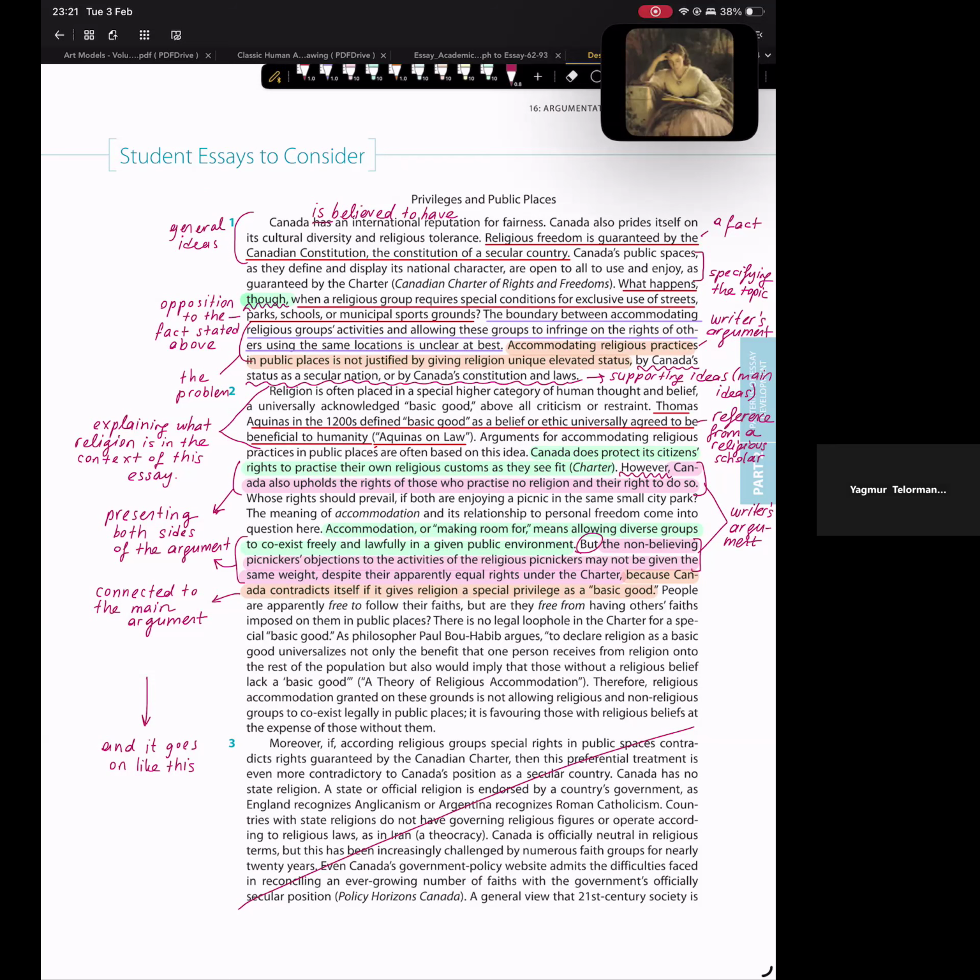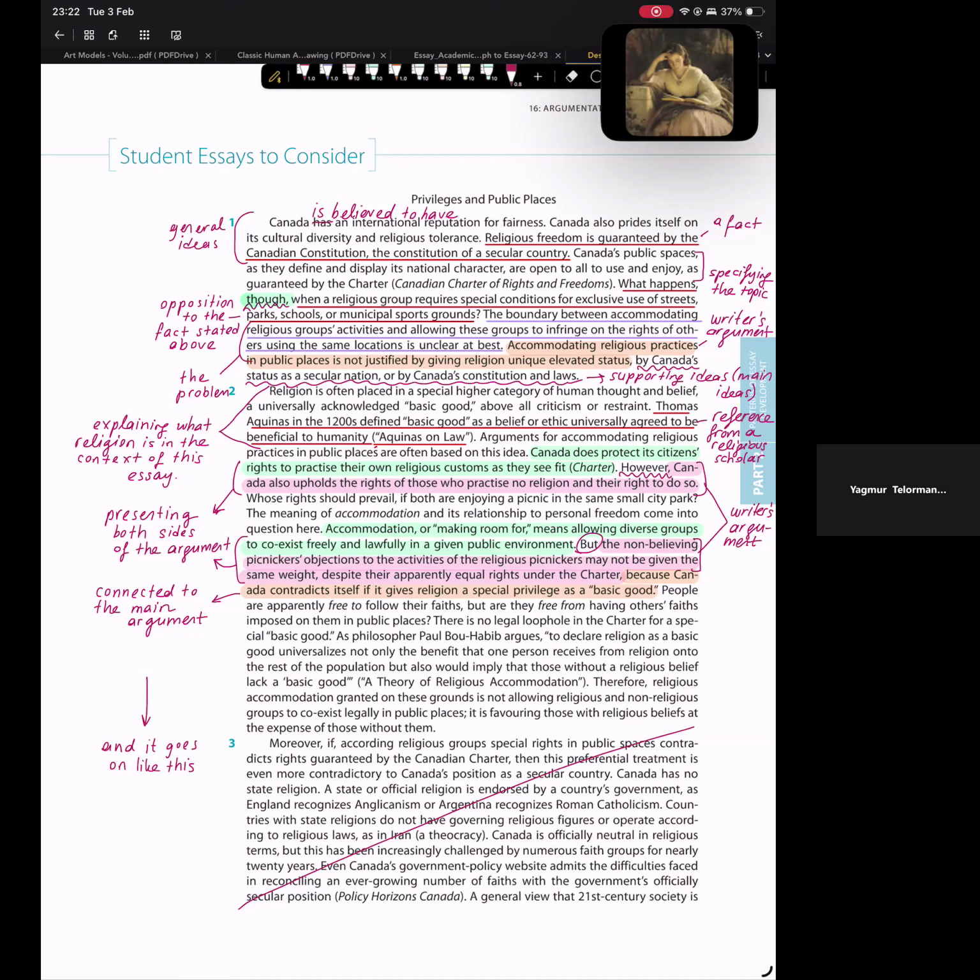This is the writer's opinion, the writer's argument. And by Canada's status as a secular nation or by Canada's constitution and laws. These are the supporting ideas, the ideas which support the writer's argument. So these supportive ideas are the main ideas that the writer is going to discuss in the body part.